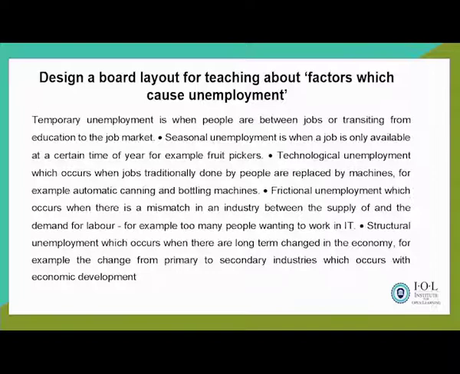So the moment that the grape season is over, those workers will be unemployed, waiting for the next season. We are talking of technology. Most of the factories are buying machines. If they buy machines and then they have to let go of some of the workers, that is what is causing unemployment.